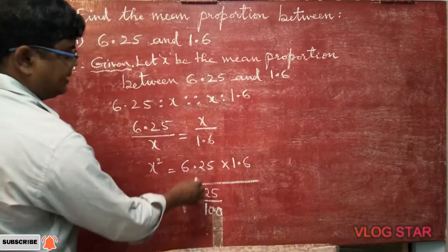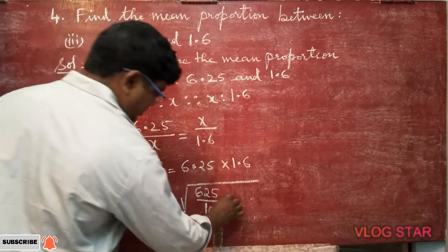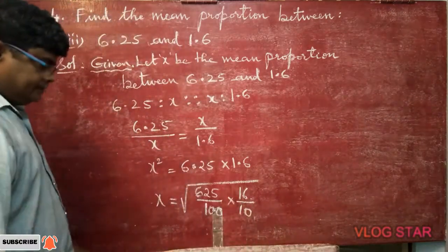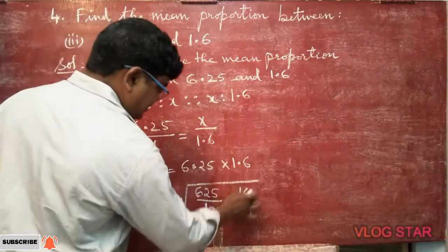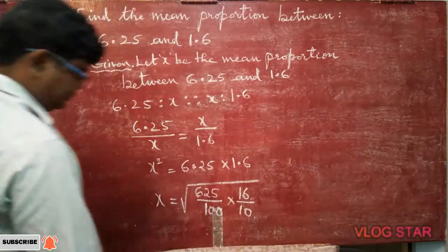Why 100? After the decimal 2 digits are there, so 2 zeros, into 16 by 10. Why 10? After the decimal there is 1 digit.